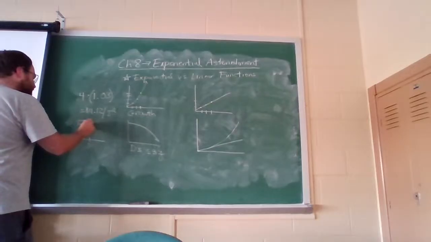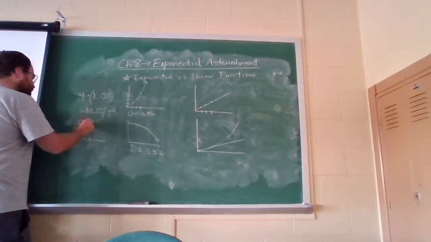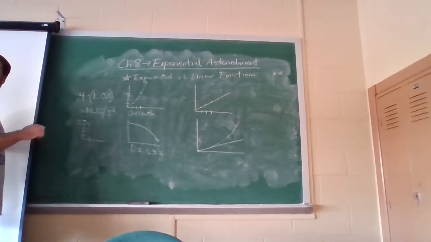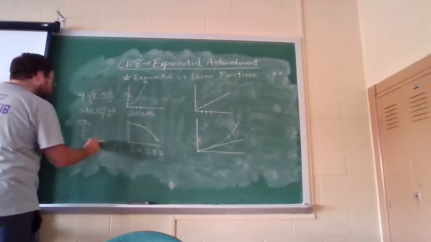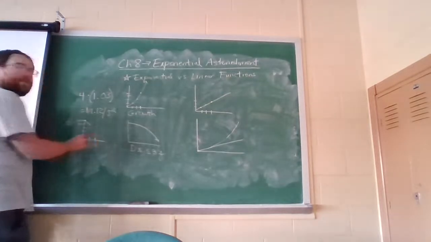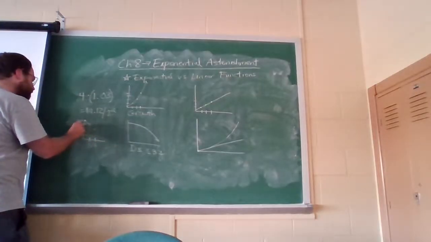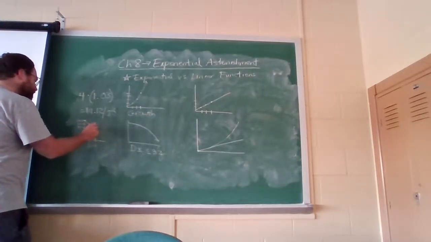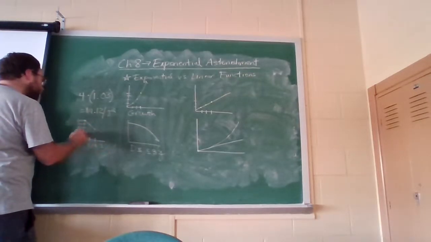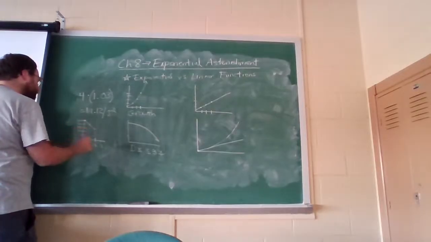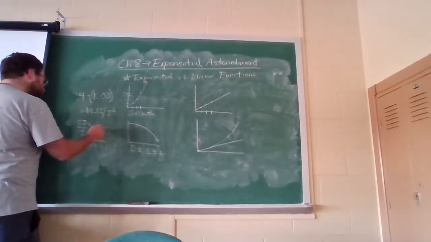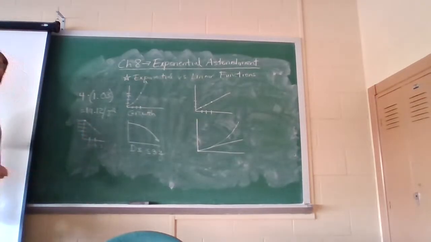So you start at 1,000, then a year from now we're at 800. Then the next year, another 200. Third year, another 200.